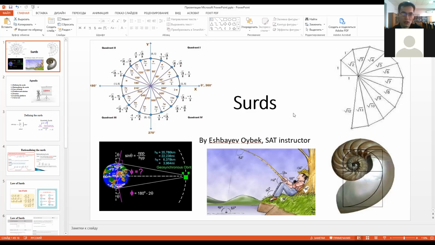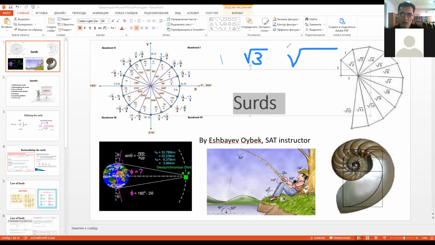Today we will discuss a new topic, which is surds. You've seen such kinds of formulas in your school, for example, like this: 3 and 7 power, and here 14, right?